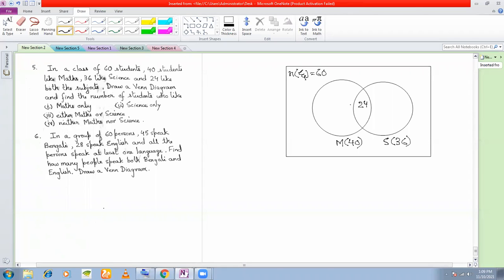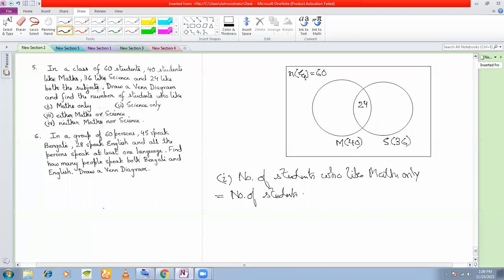We'll do that. Now find the number of students who like, number 1, maths only. So how many will like maths only? Can anyone tell me? Number of students who like maths only. Anyone? Tell me how many students like maths only? So 16.